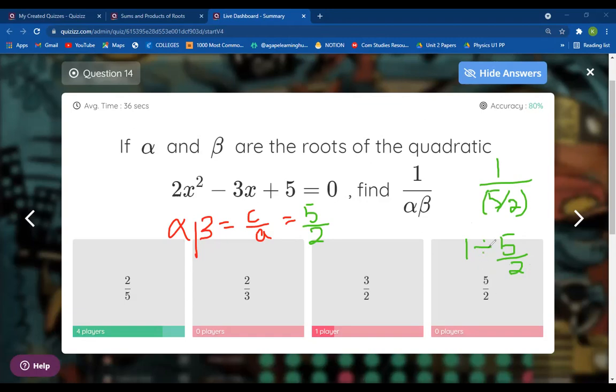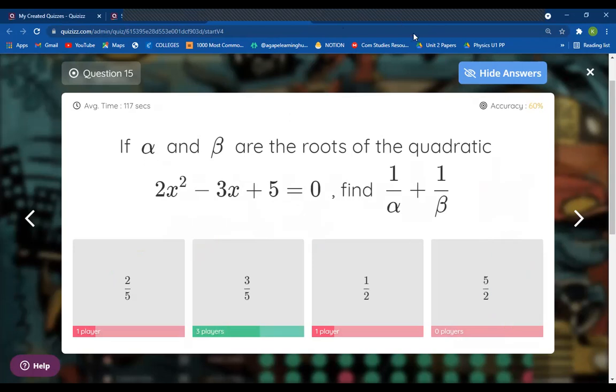Dividing by fractions, we have to multiply by the reciprocal. So that's 1 times 2 on 5, which is 2 on 5. And that is why this is the answer. Understand that? Yes, miss. Okay. Come on, people, we almost finished.